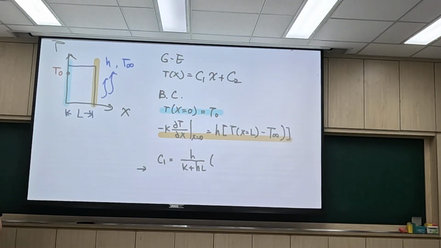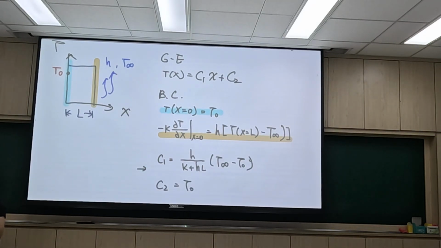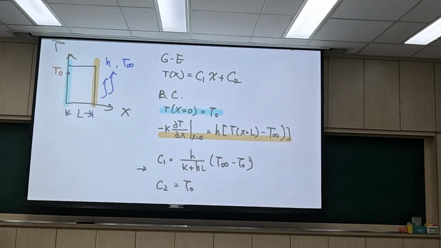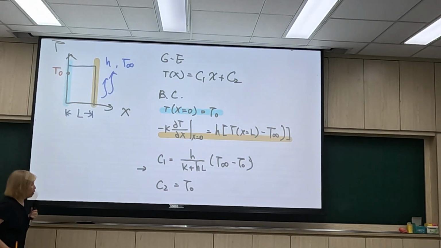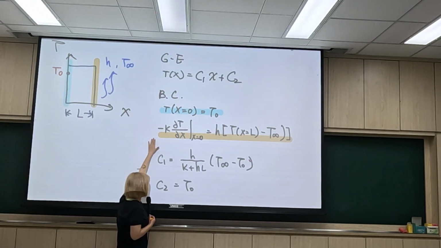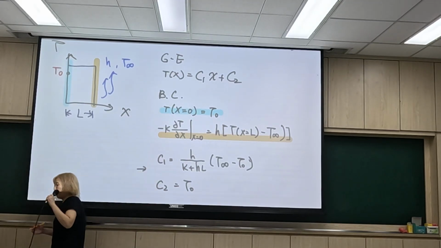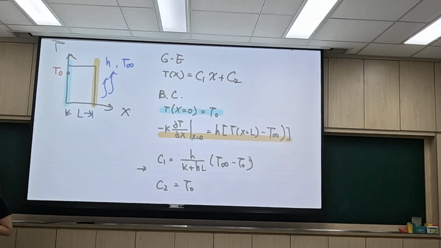HL, and it's very easy to remember. And C2 will become like this. When you put 0 into your governing equation, then T(x) equals T0, and when you put it back into the governing equation, you get C1. That's easy.